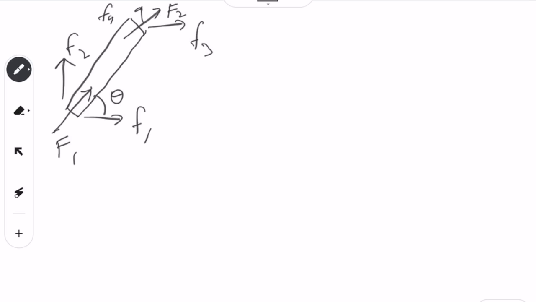What is the relationship? Capital F1 is equal to f1 cos theta plus small f2 sin theta.